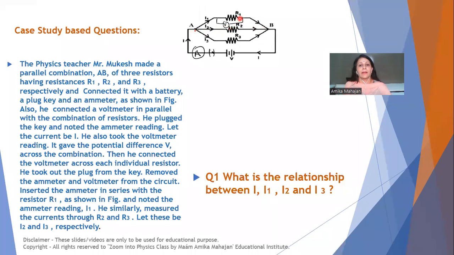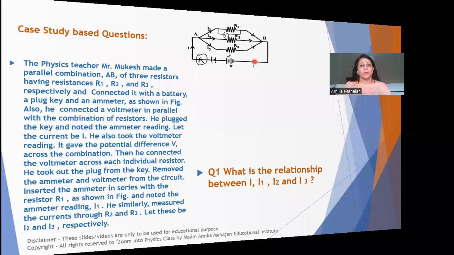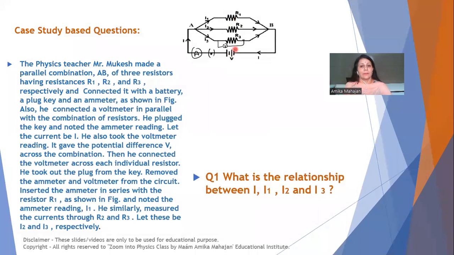अब AB से हटा के R1 के क्रॉस लगा दिया in parallel. Voltmeter is always added in parallel. And after that, he connected it to R2, then R3. So then he removed this voltmeter and ammeter from the circuit.